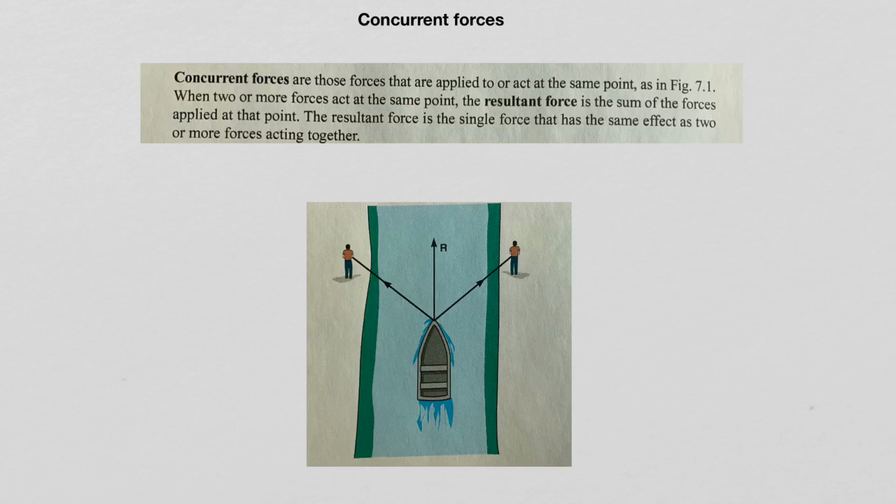However, the resultant force of those two forces, which is labeled with R here in the figure, is the force that has the same effect as those two individual forces. So if that resultant force was the only force acting on the boat, it would be moving exactly the same way as if there were these two forces acting on the boat.